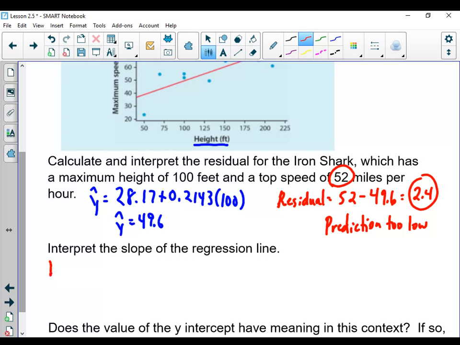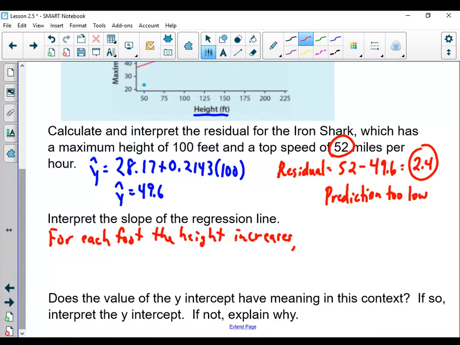So for each foot the height increases, because that's the x value, we're going to see what the y does. Well, what the y does is based on that number right there, our slope.